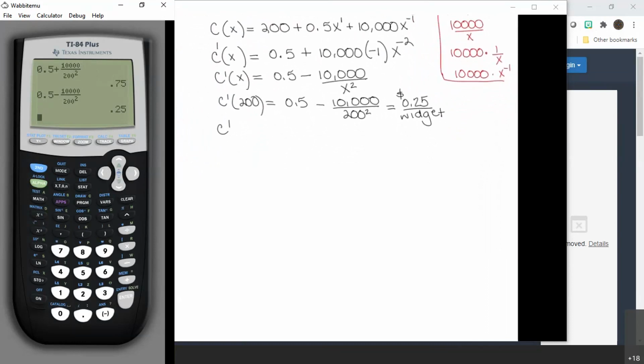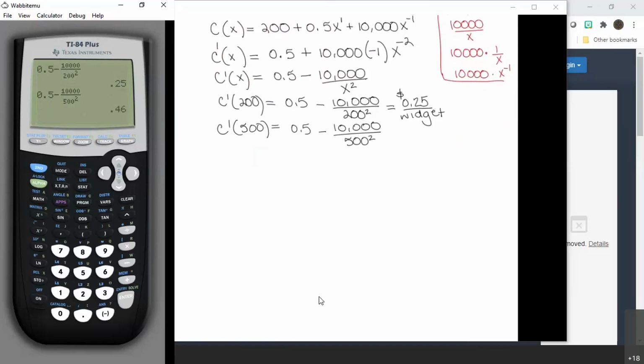If I evaluate this at 500, I can go back into my TI and just say second entry. That'll type the last thing I entered. And all I have to do is change the 2 to a 5.